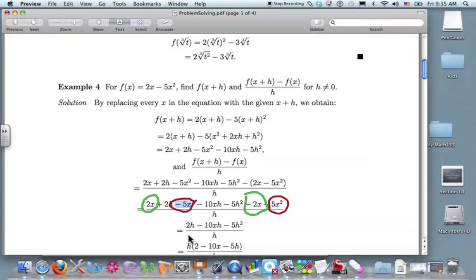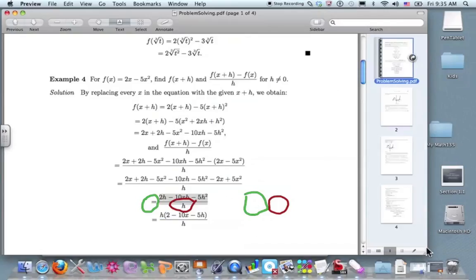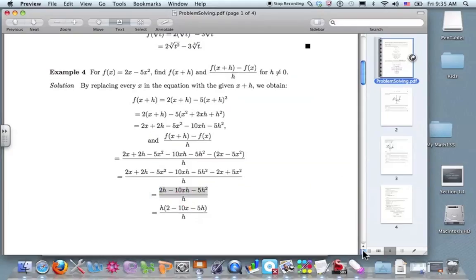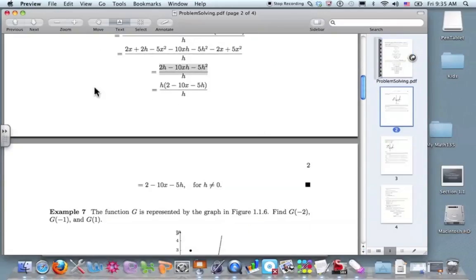With these three terms, we realize h is a common factor. So the next step is to factor out h.